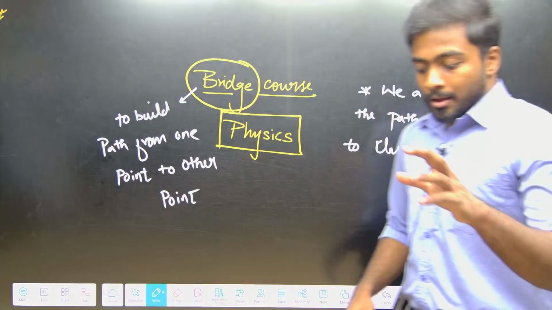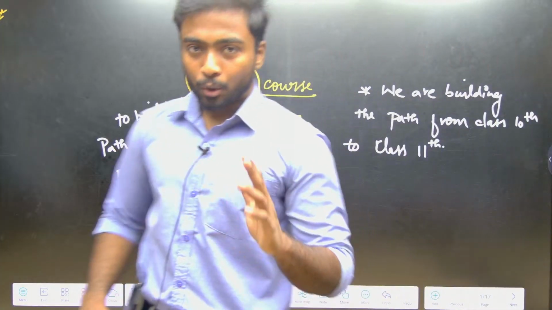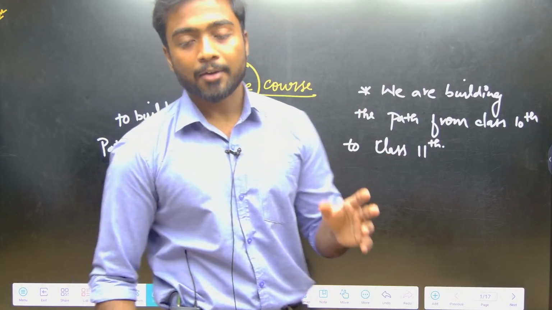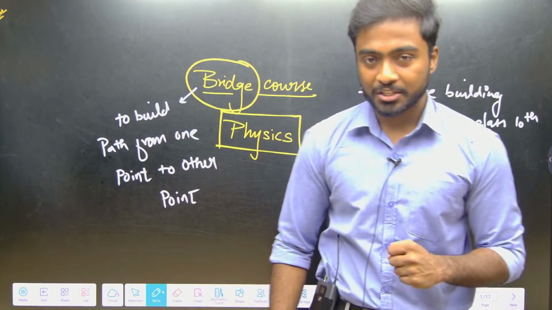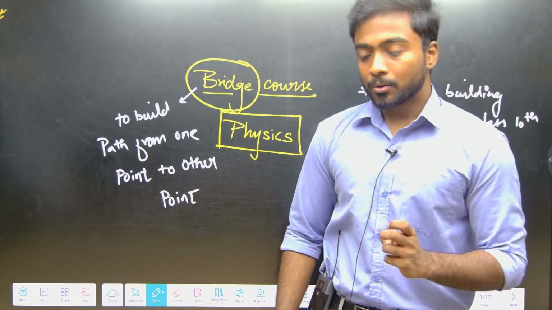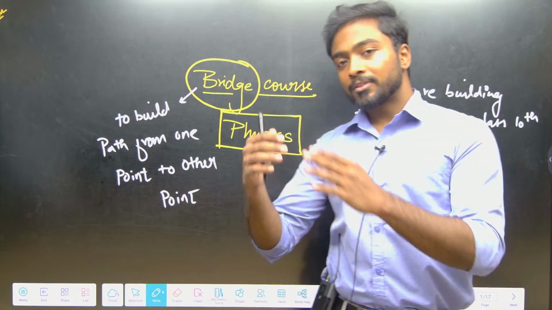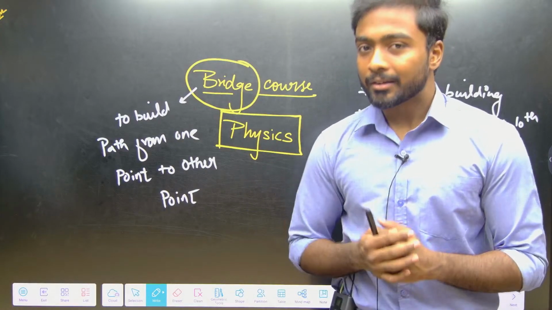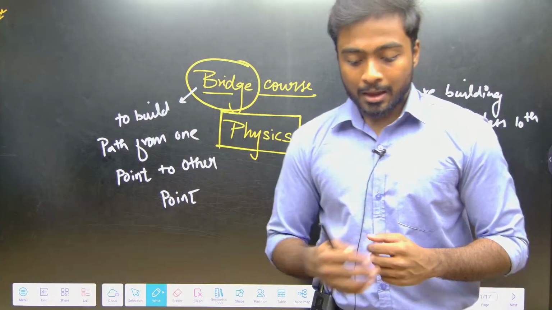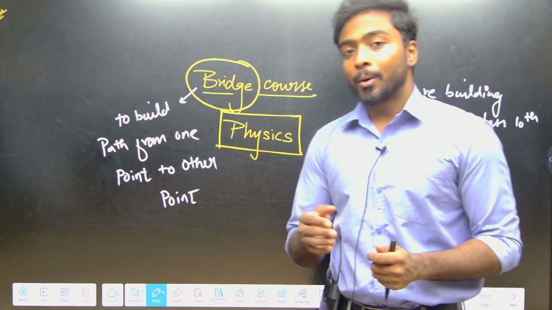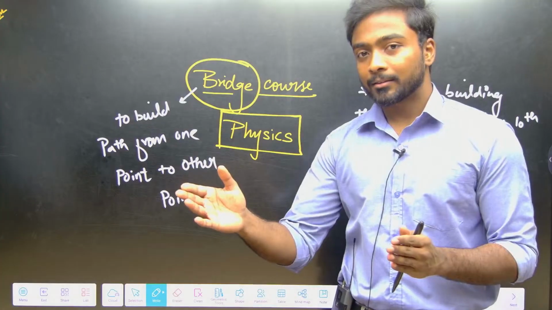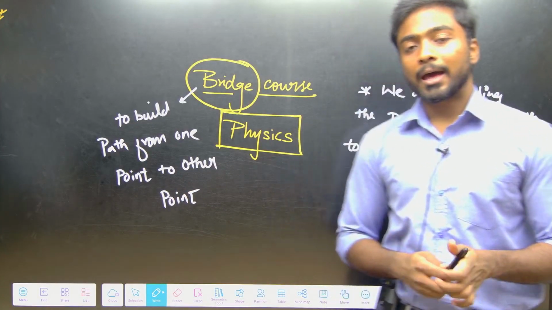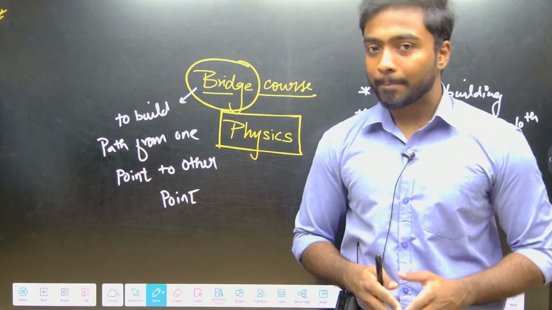In physics, when we talk about the chapters, obviously we will have some mathematical operations too. When we go into the physics stream, some people would have faced difficulties with mathematics concepts. Especially whoever chooses the MPC path, that is maths, physics, chemistry, would have some knowledge of maths.